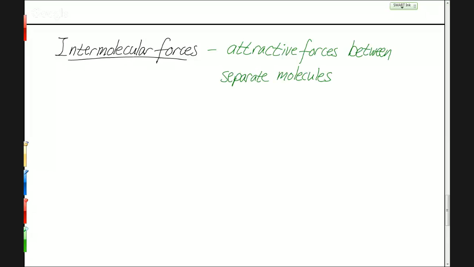So there are forces within molecules, intramolecular forces we would call those. Those are bonds, the things that actually hold the atoms together. With this, we're talking about forces that hold different molecules together. So what are the things that actually make molecules stick together to each other versus apart?